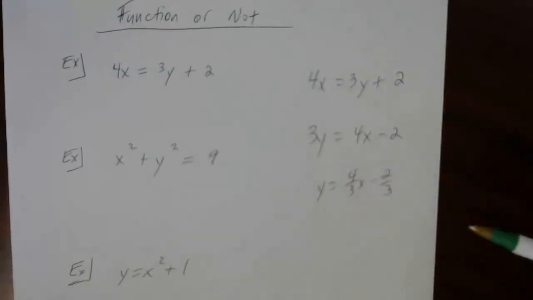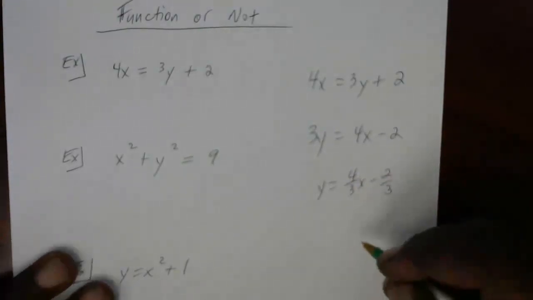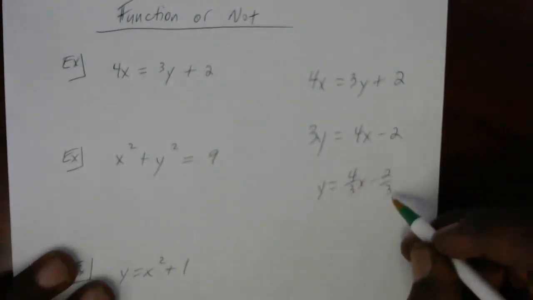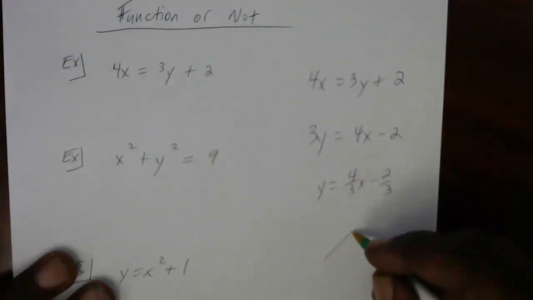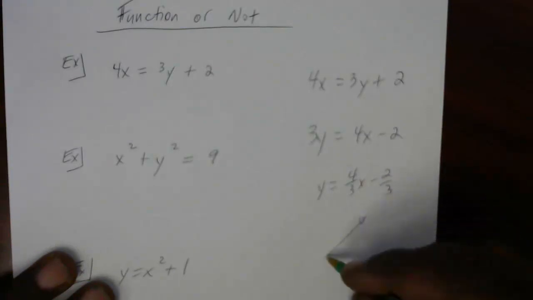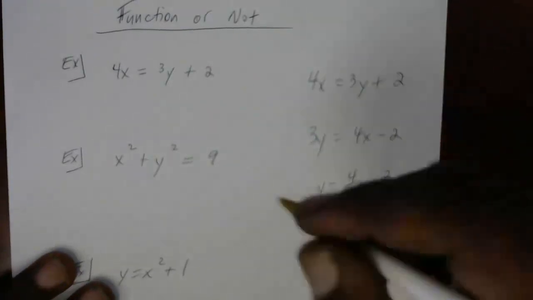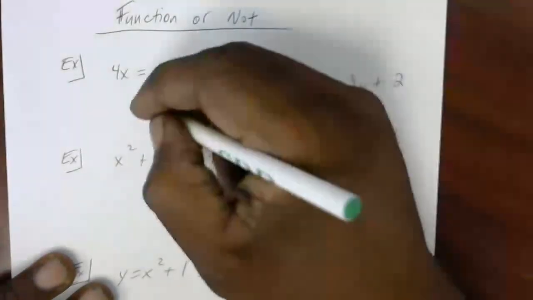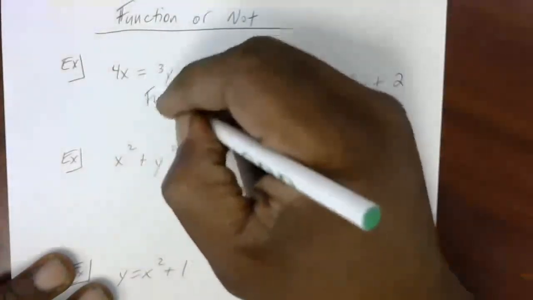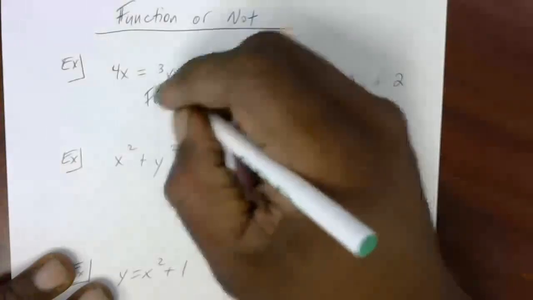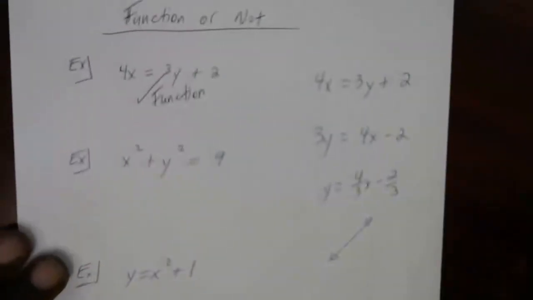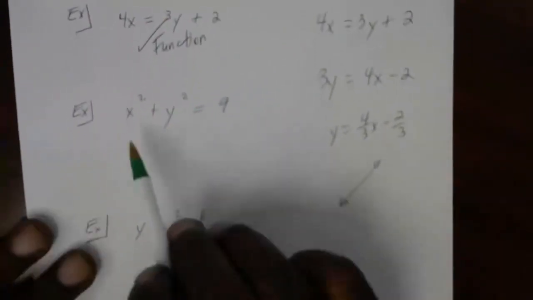So since this is a positive slope, if we were to graph this, the line would look in general something like this, because of that positive slope. So this would be a function. That first example is a function.